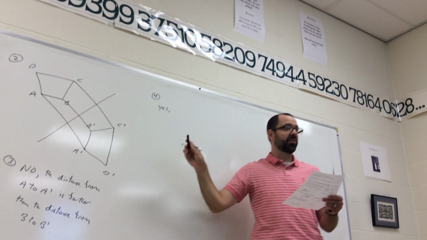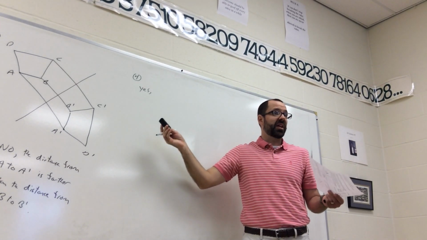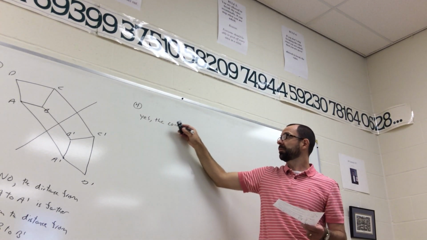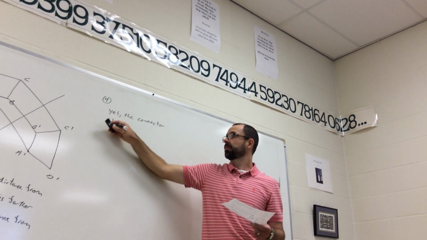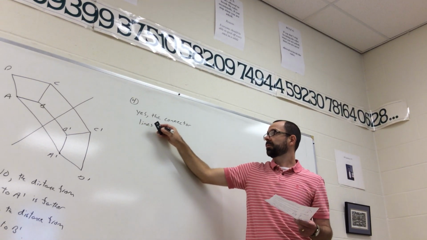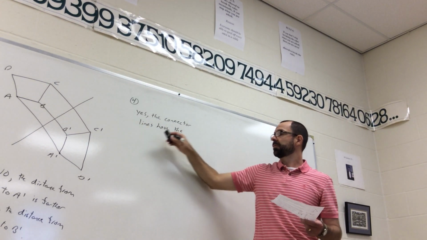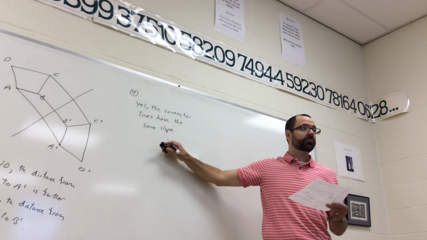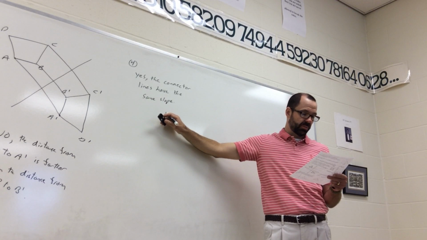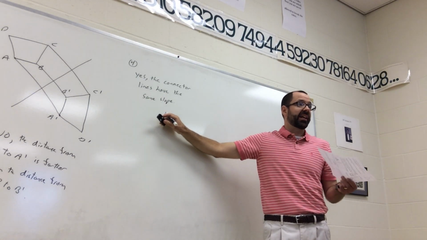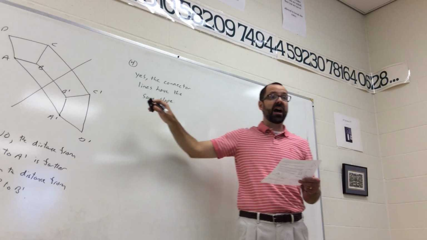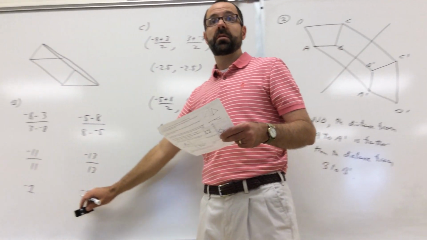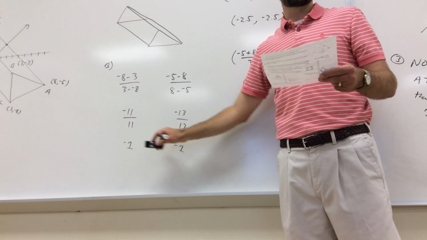And the reason you can tell is the connector lines have the same slope, the same slant. And we actually found the slope on number 15 to show that they were the same direction.